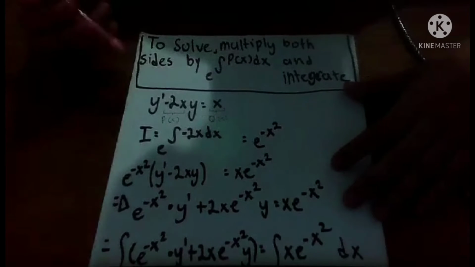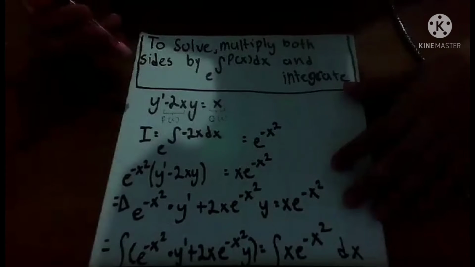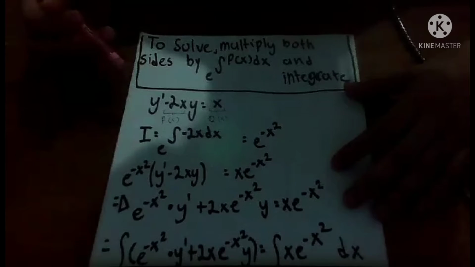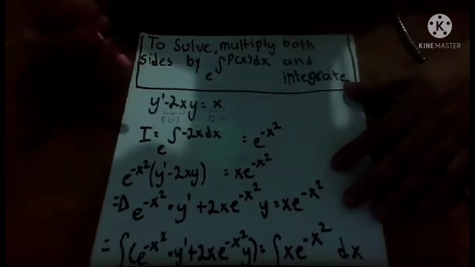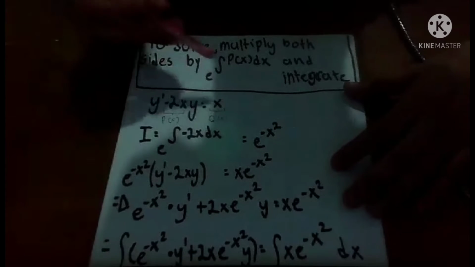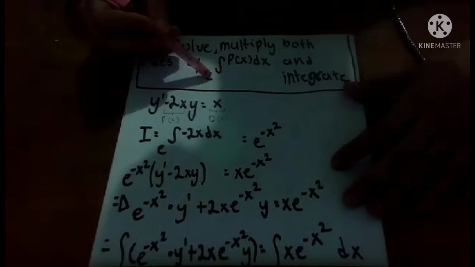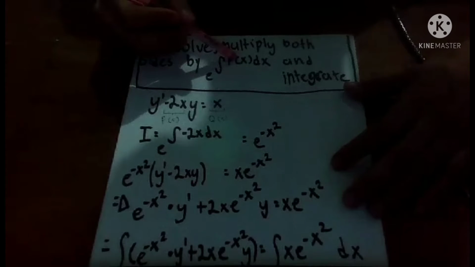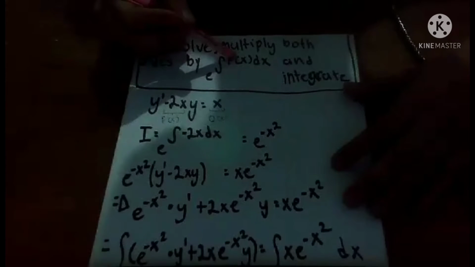It says that to solve this, whatever the p of x is, take e and raise it to p of x, then you multiply both sides of this differential equation by it, then you integrate both sides.